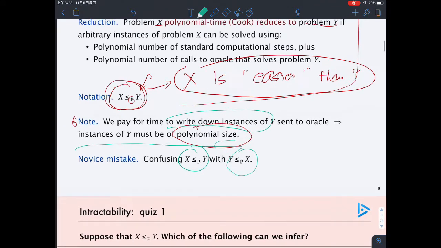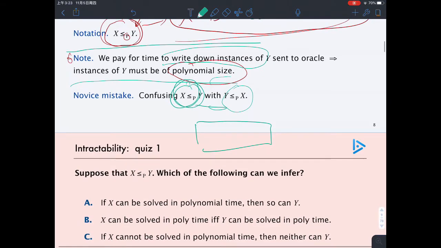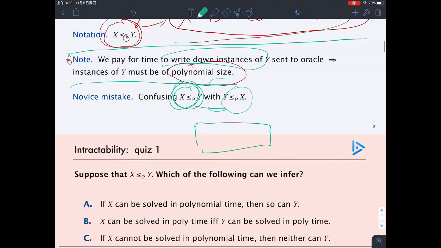So even if we don't look at the definition and try to recover the meaning of these two, let's just recap, without looking at any of the definition: what is x less than y, right? When we want to understand x less than y, there's a solver for what, x or y?